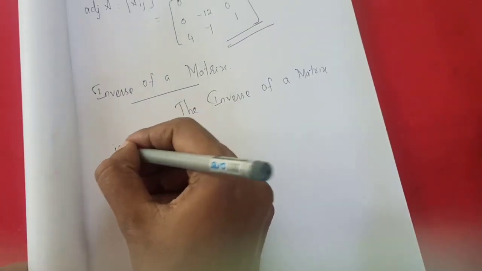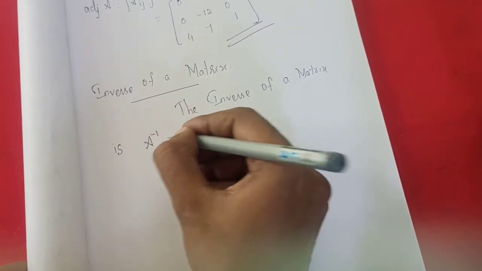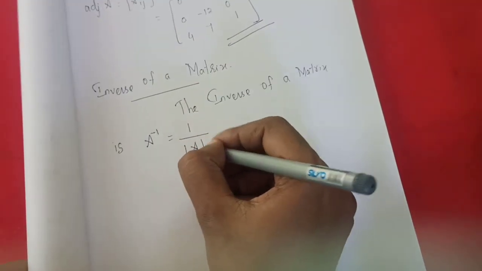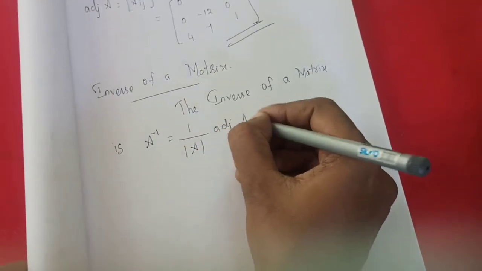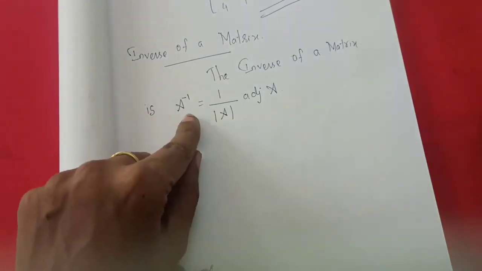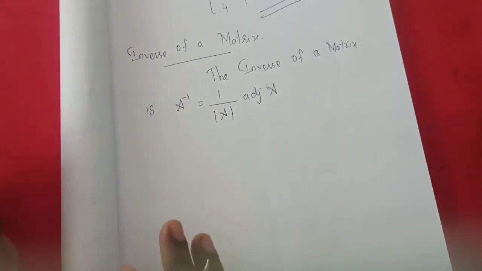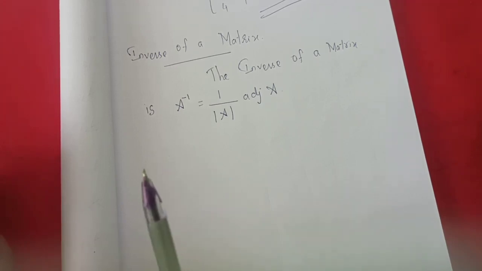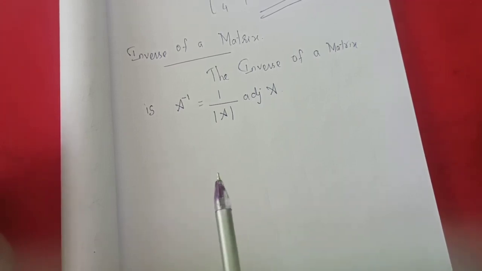The inverse of a matrix, A inverse, is equal to 1 by determinant of A into adjoint of A. This is the formula we are going to learn. If they ask to find the inverse of a matrix, what's the formula? 1 by determinant of A into adjoint of A.